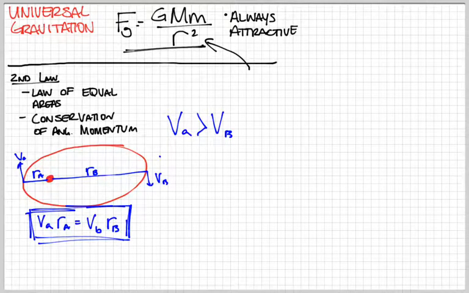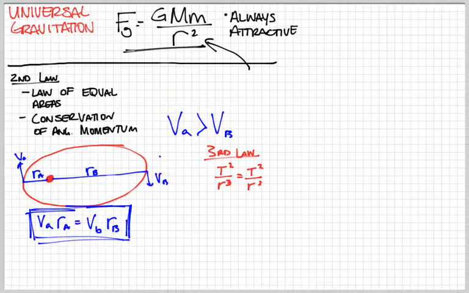With the third law, the calculations are just as easy. We say T squared over r cubed is equal to T squared over r cubed. So let's pick an asteroid.